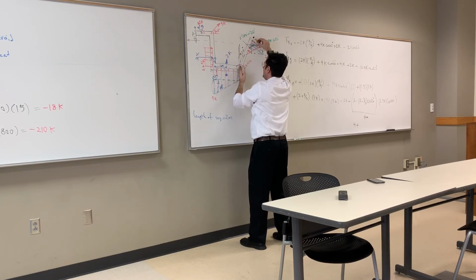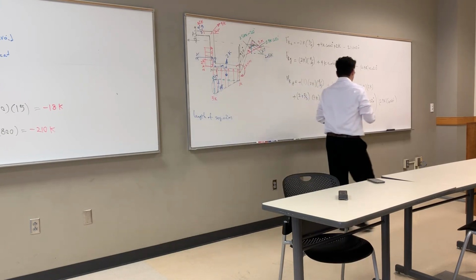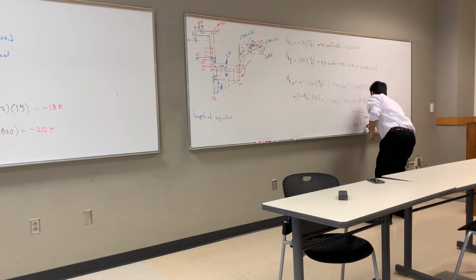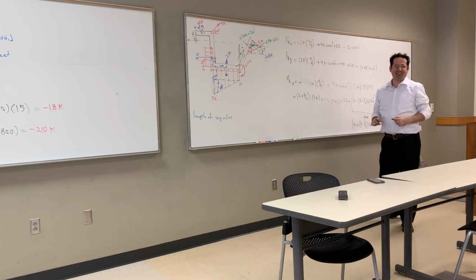If this is 2, if this is 2 minus 1/3, then it's 2 minus 1/3 times sine 20. 4 plus 2 minus 1/3 sine 20.